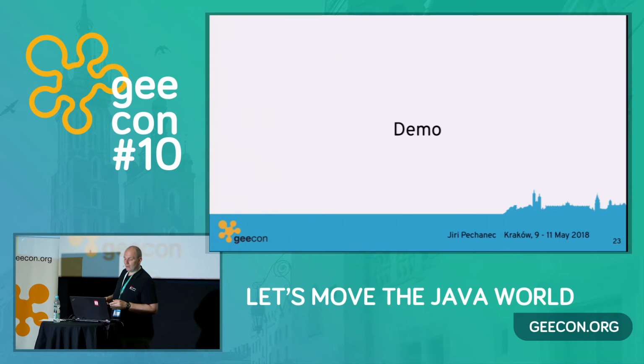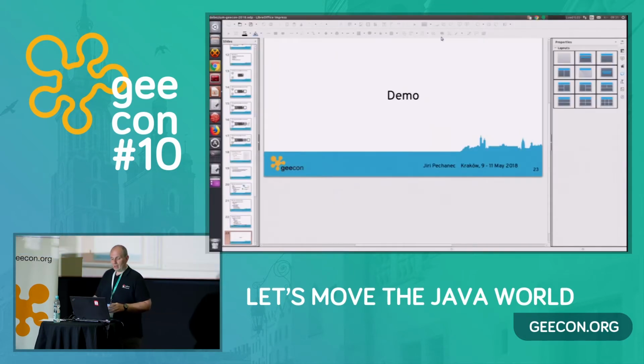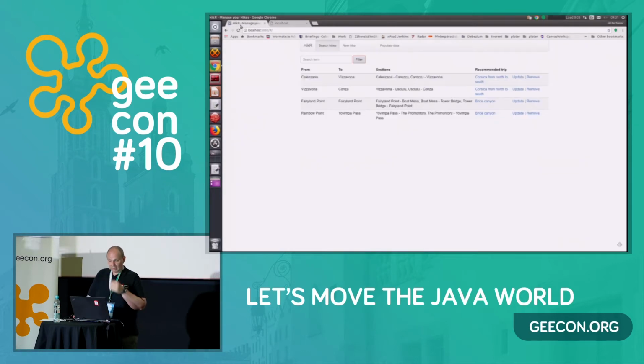So now it's time for a demo. I have a plain Java EE application that uses MySQL as data store, and we will try to stream the changes from the application to the Kafka broker.